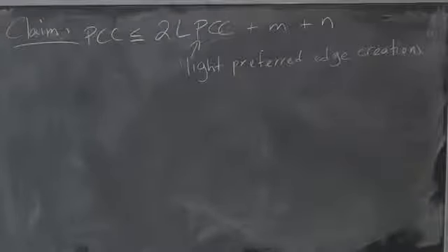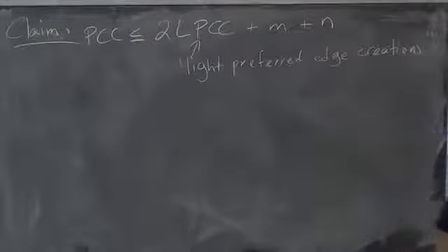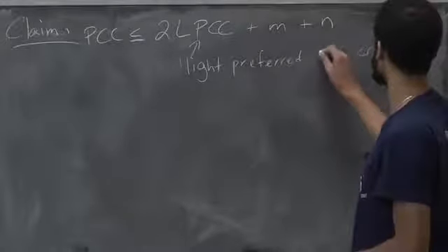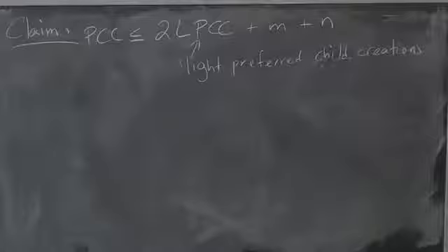So I want to show you that this is true, and then we just need to bound this. So questions about anything? Oh, why am I calling it preferred child creations? It's just so it matches the acronym.